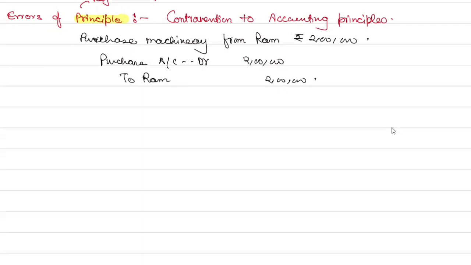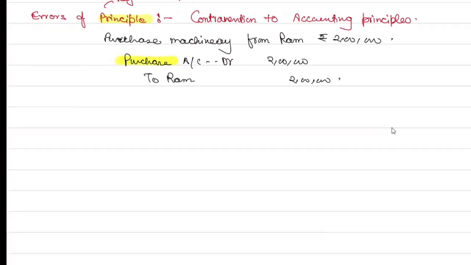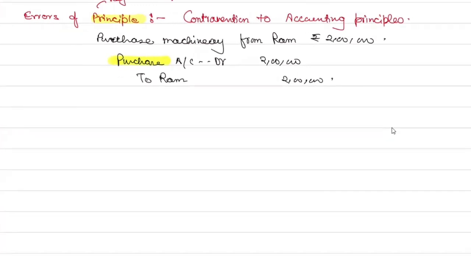Now see, when I say purchase goods, that means I purchased inventory. But if I purchase machinery, that is my asset. If I only write purchase, it can be my asset as well as my inventory.